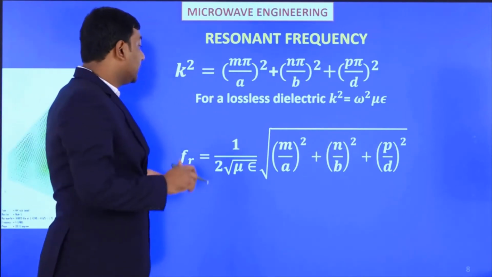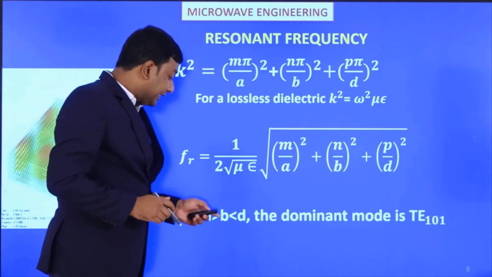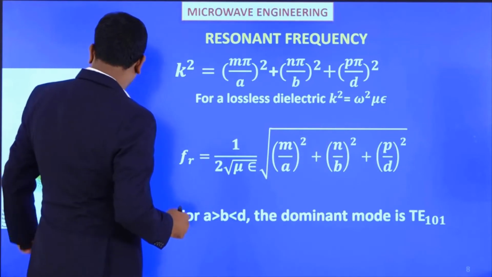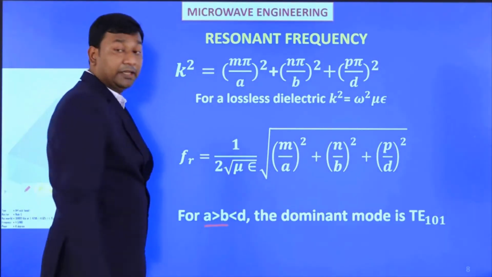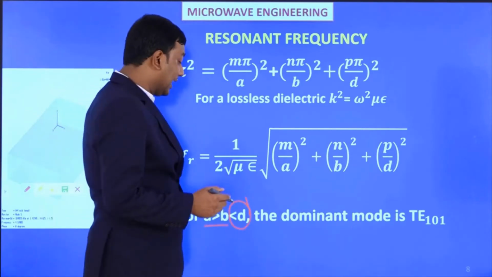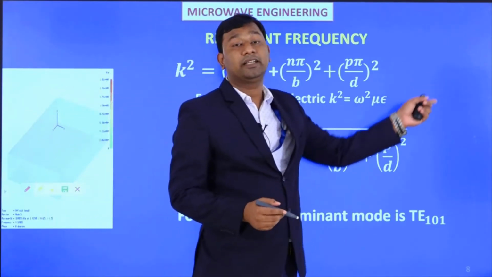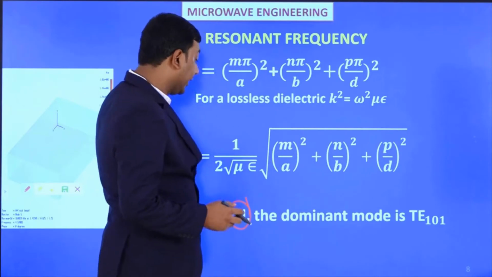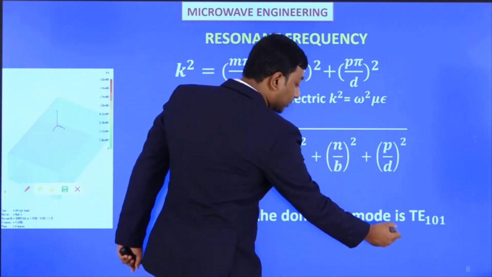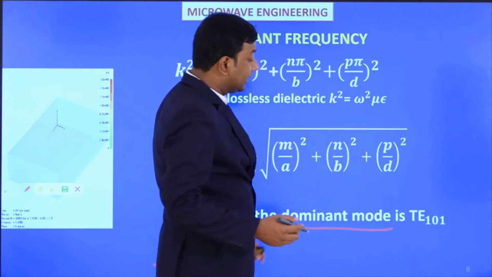For a greater than b, as earlier we have seen for a rectangular waveguide, a must be greater than b, but it's less than d. So d is the length of that cavity resonator. For the dominant mode, we know the definition of the dominant mode: the mode having the lowest cutoff frequency.